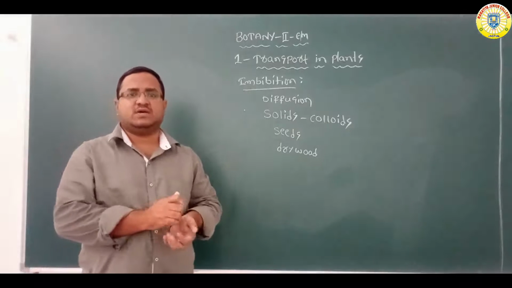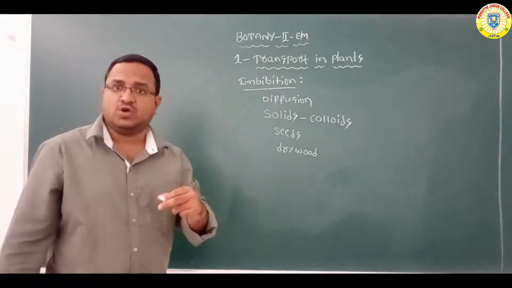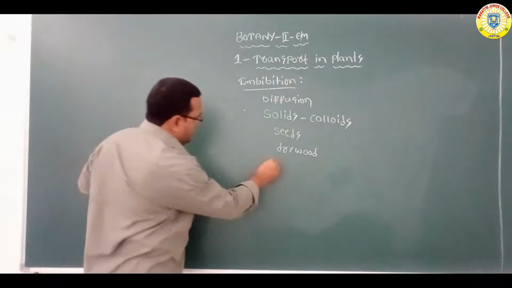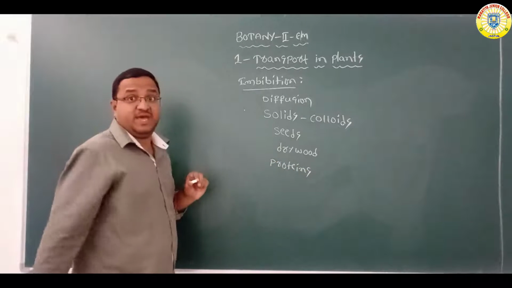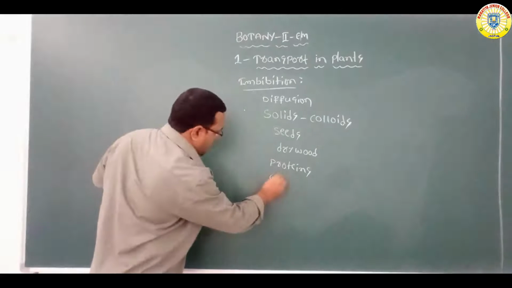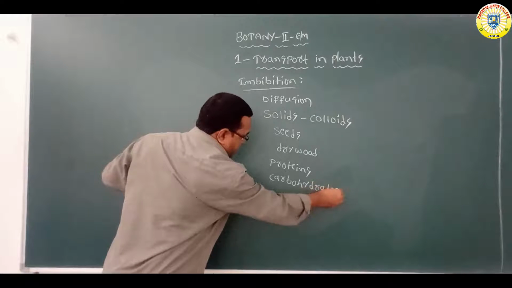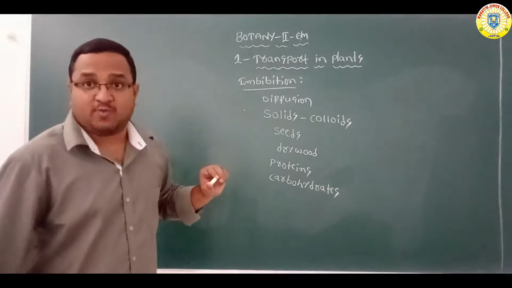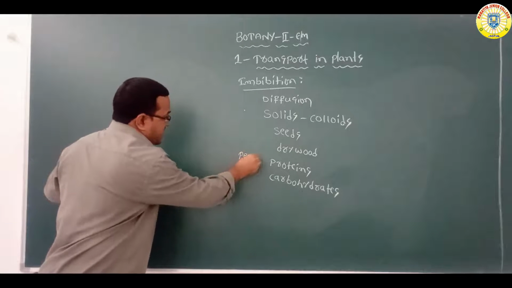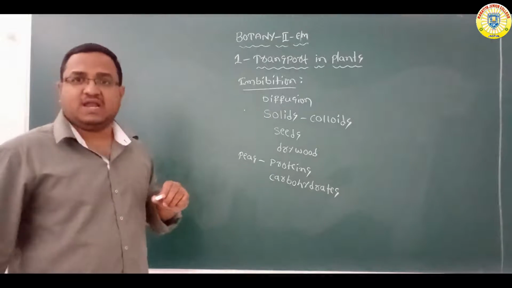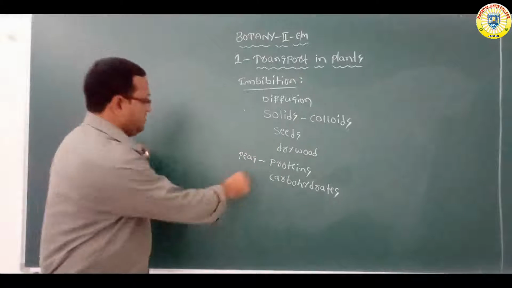One more thing you can remember here: proteins have more imbibing capacity compared to carbohydrates. That's why proteinaceous peas swell on imbibition more than starchy wheat.